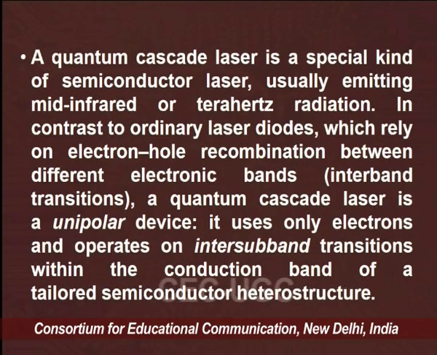A quantum cascade laser is a unipolar device. It uses only electrons and operates on intersubband transitions. The laser diode uses the interband transition, but the quantum cascade laser uses intersubband transitions within the conduction band of tailored semiconductor heterostructures.